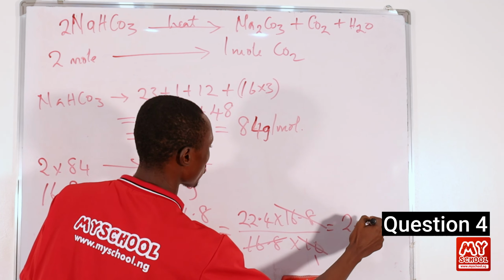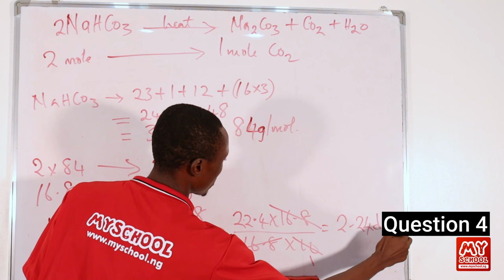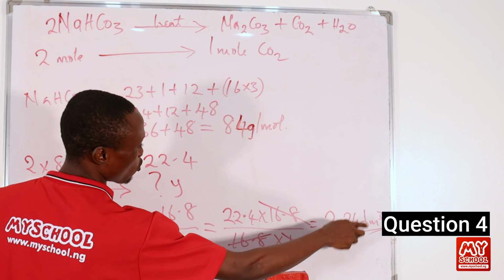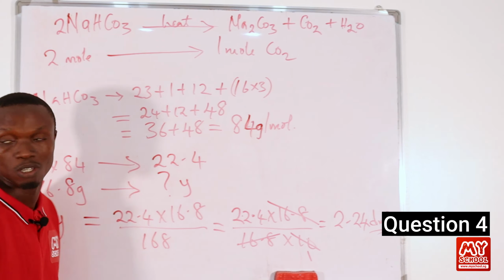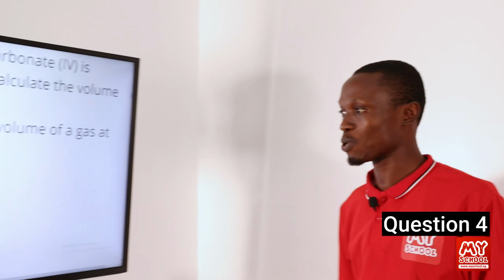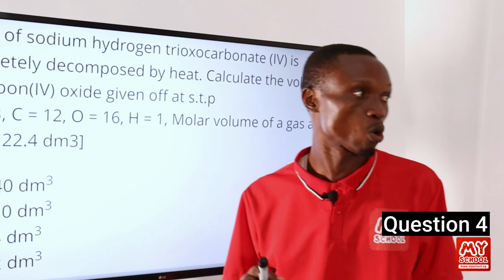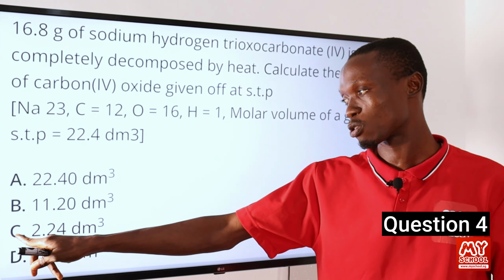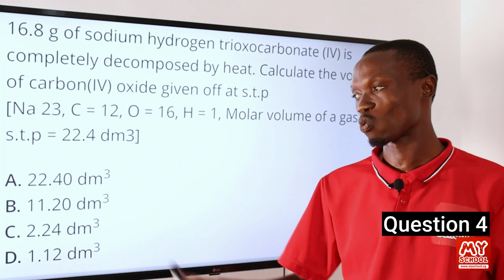Okay, 2.24 dm cube, because we are dealing with volume. So let's move over to the screen to pick the correct option. Okay, so from our calculation we got 2.24 dm cube. So that makes option C the correct answer to this question, 2.24 dm cube.